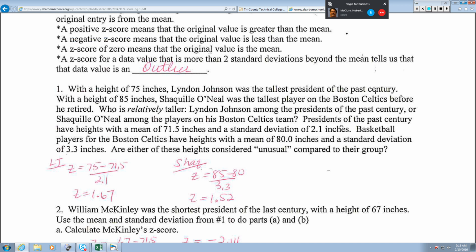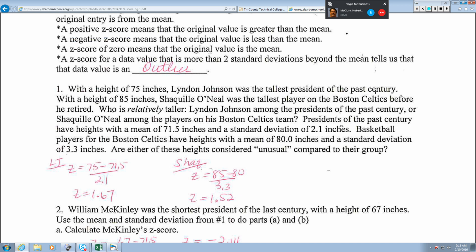Well, any redneck with 3 teeth in their mouth can tell you that Shaq is taller than 90% of the population. Anybody can tell you that. But that's not what it's asking. It's asking who is relatively taller. What does that mean?